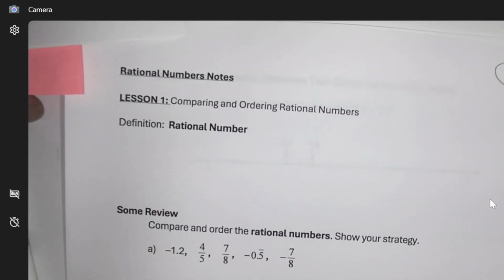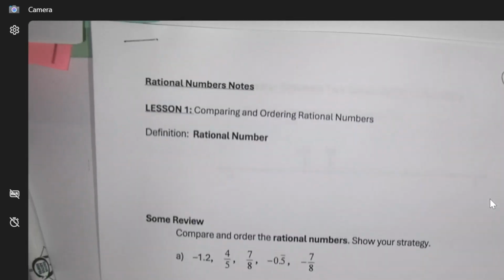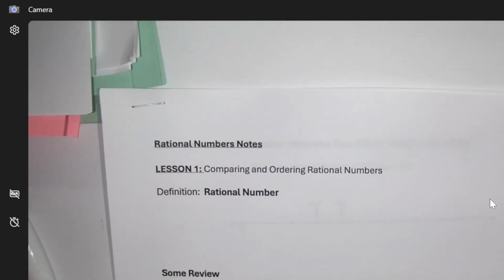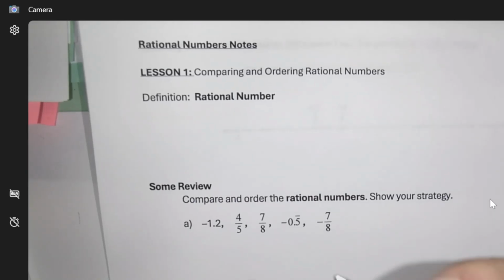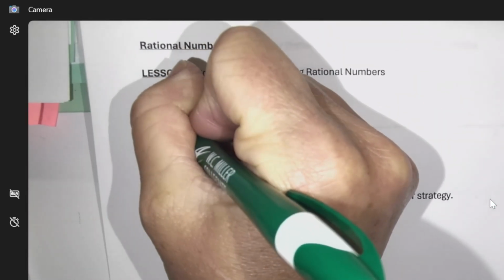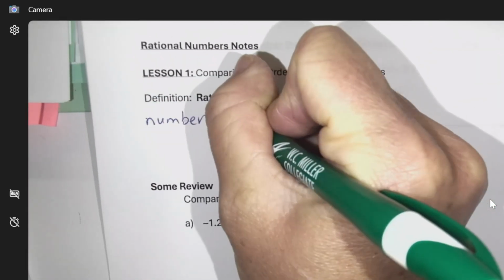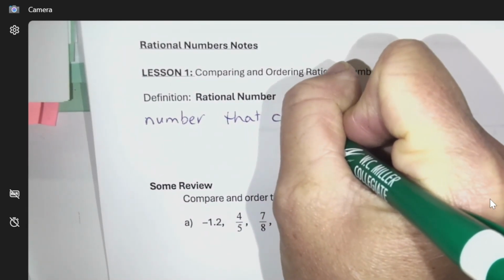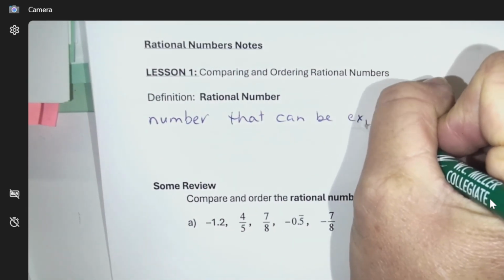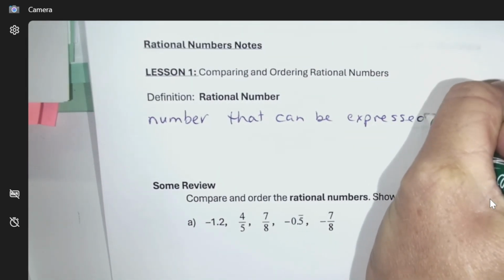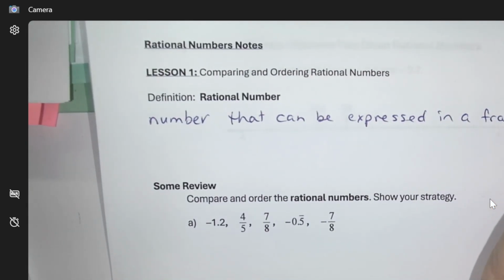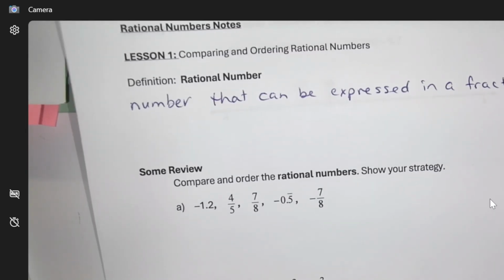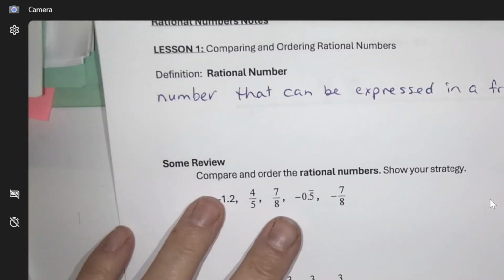Okay, lesson 1. So we're going to start rational numbers by just comparing and ordering rational numbers. So what is a rational number? It's a number that can be expressed in a fraction. Any number that can be expressed in a fraction.